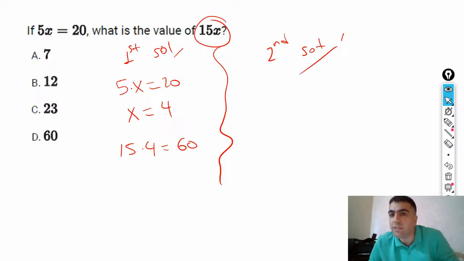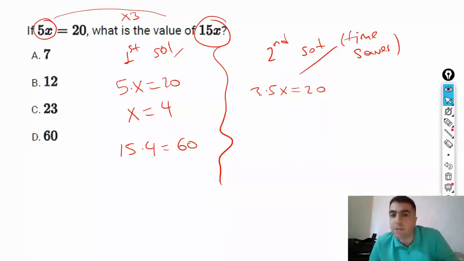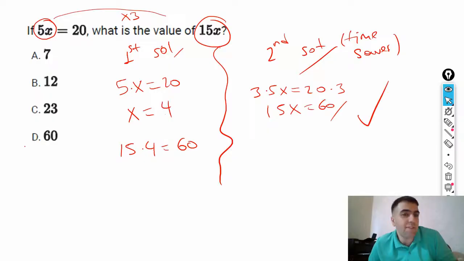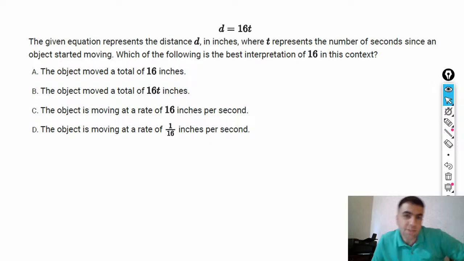The second is a time saver solution. 5x and 15x: you should see that it is 3 times. Multiply by 3 both sides of the equation, and you can get the answer 60. This is the time saver method. Okay. Let's continue with the next question.